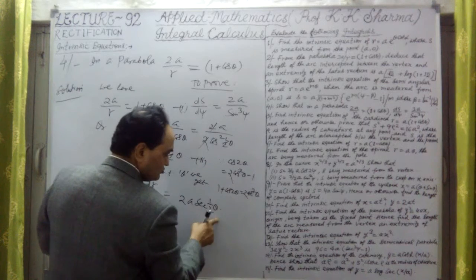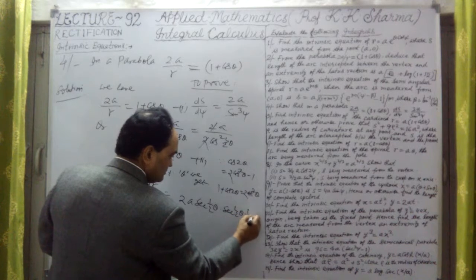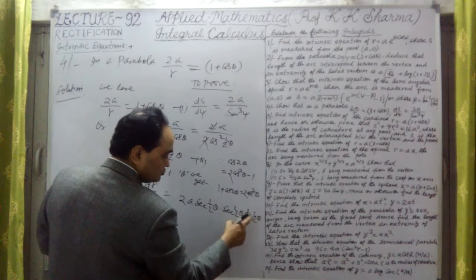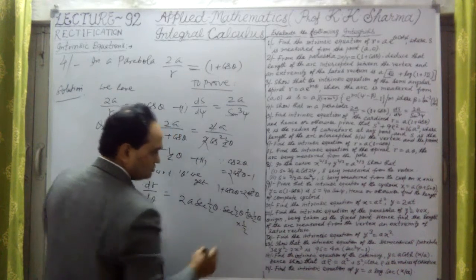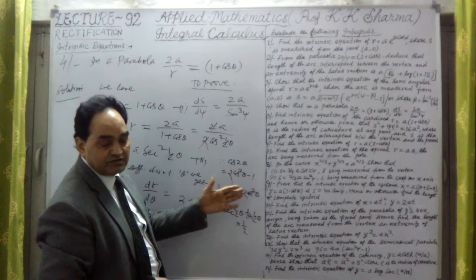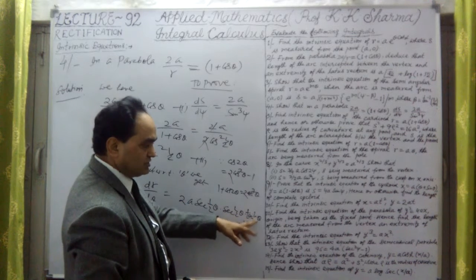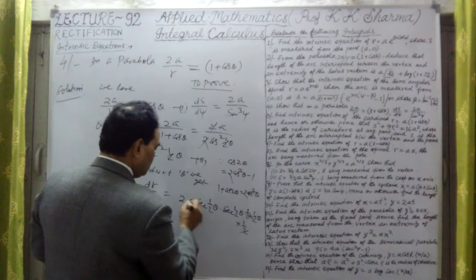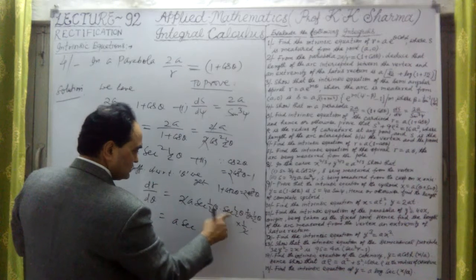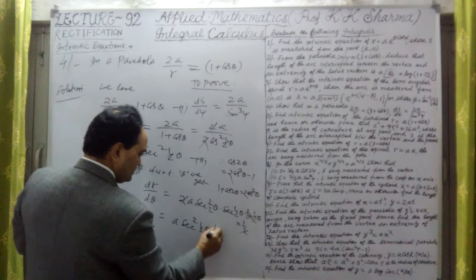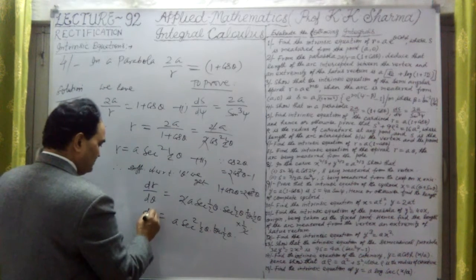Again secant half theta is to be differentiated, so it will be secant half theta into tan half theta. But the coefficient of theta is half, so we have to multiply by half, because the angle half theta is to be differentiated again. These 2 cancel out. So we obtain dr d theta equal to a into secant square half theta into tan half theta.